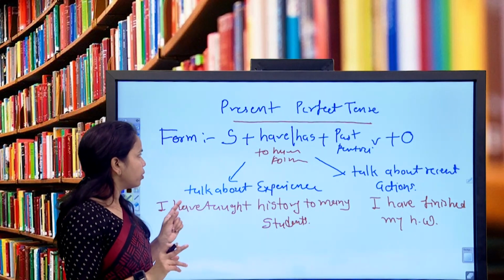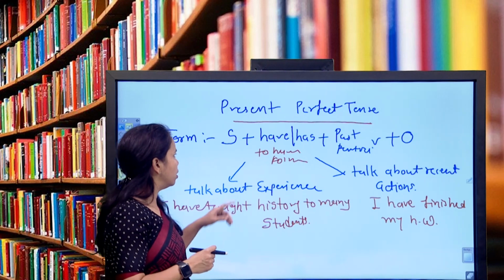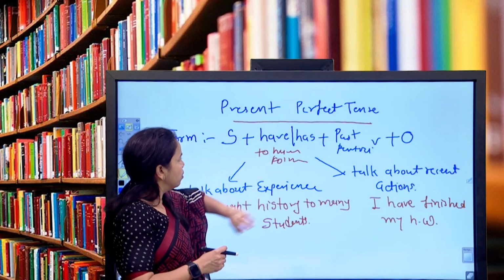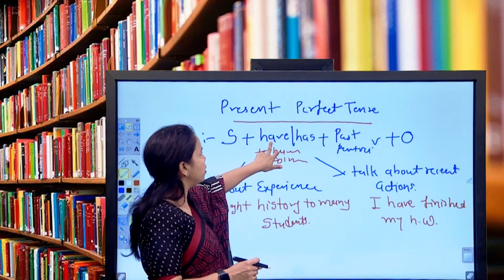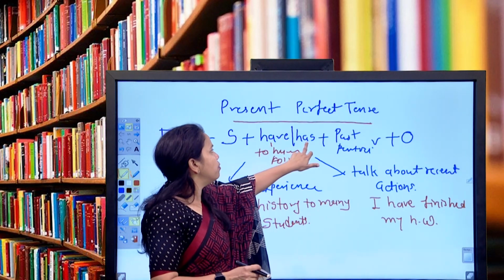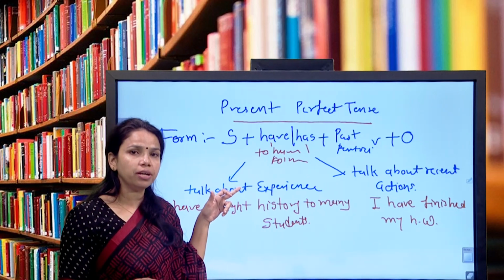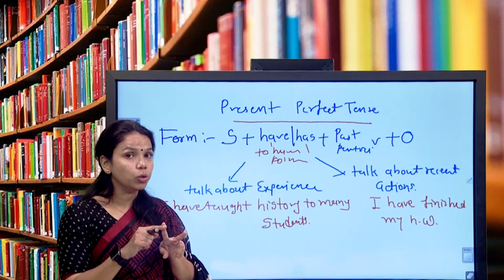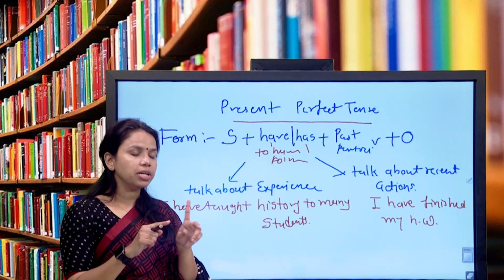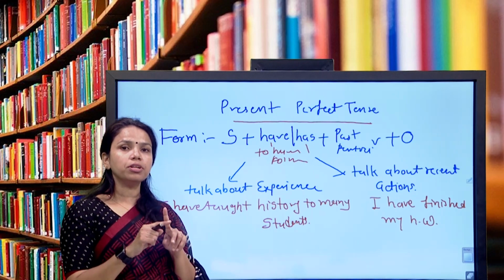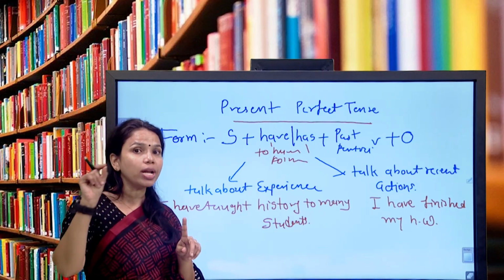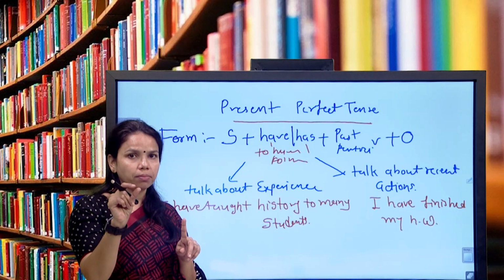Okay. Now you have to be very clear where you have to use have and where you have to use has. Like in simple present tense, if the subject is a third person singular, after the main verb we put s or es, right?